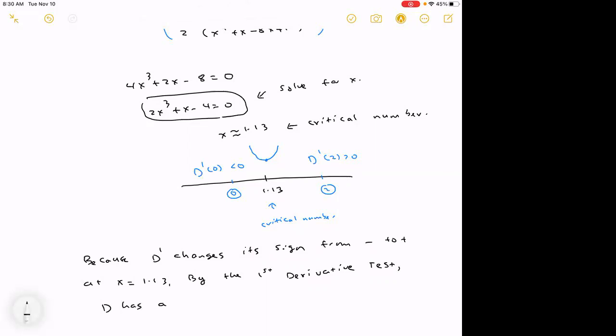D has a local minimum at that point, 1.13.